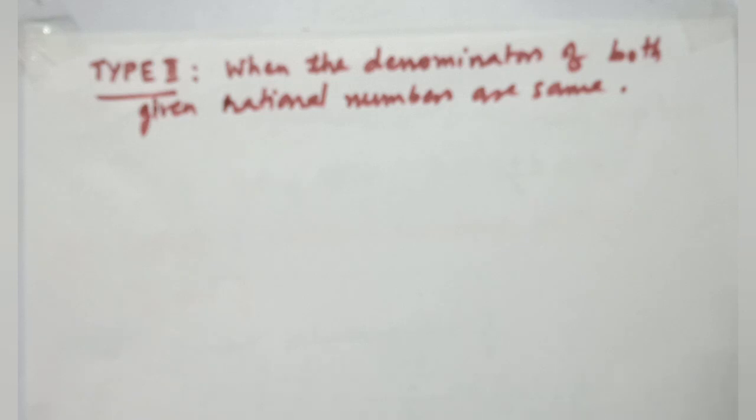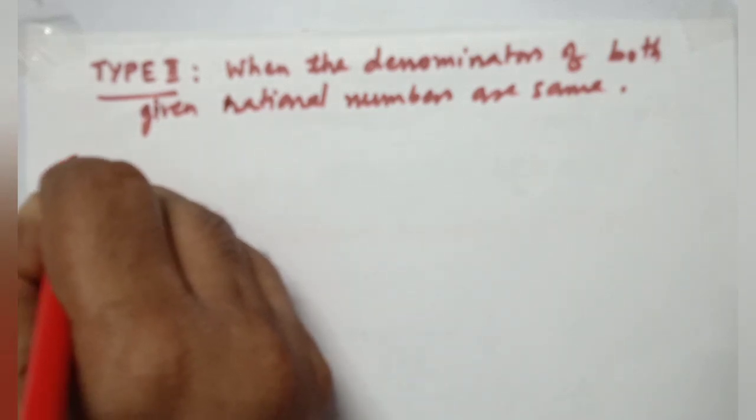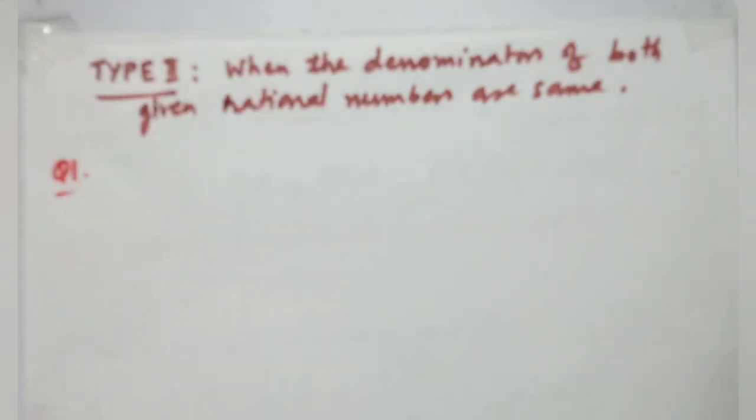When we have sufficient difference between the numerators and when the numerators are very close to each other, in that case how to find the numbers between the two given rational numbers. So I'm taking the question 1. This is type 2, both are type 2 only when the denominators are same, but in both the cases the difference of the numerators are different.